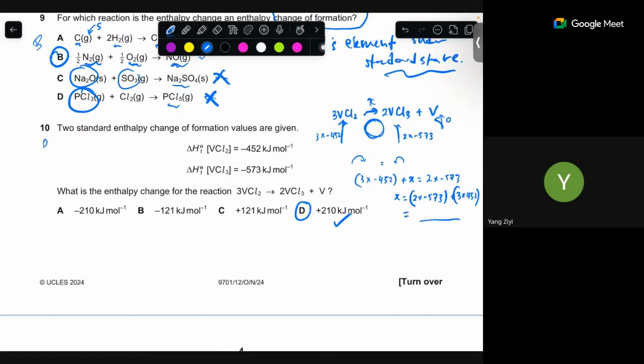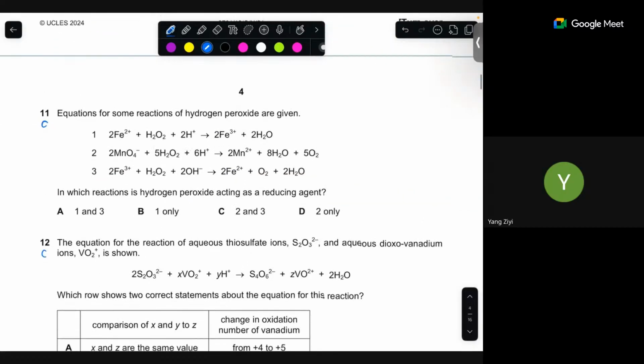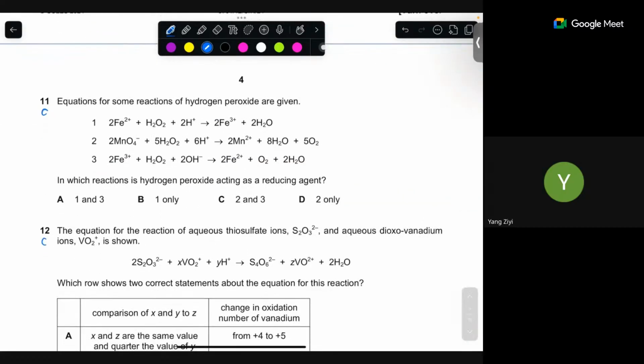Number 11. Equations for some of the reactions of hydrogen peroxide are given. In which reaction is hydrogen peroxide acting as a reducing agent? If it is acting as a reducing agent, it is going to reduce others, but itself will undergo oxidation.